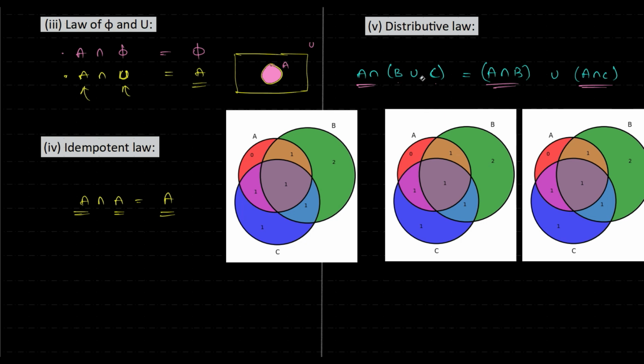B union C. The first diagram is dedicated towards that. This is B union C. Agree? This result is to be intersected with A. So which region is this? A is this. The common region would be 1, 2, 3. Okay, so that would be the result of A intersecting (B union C).